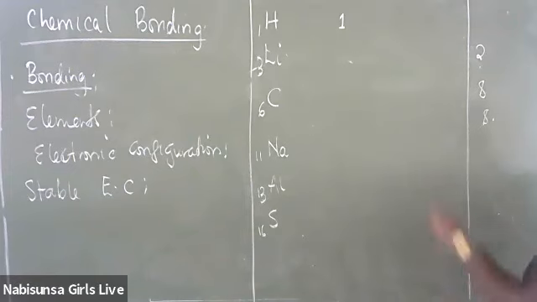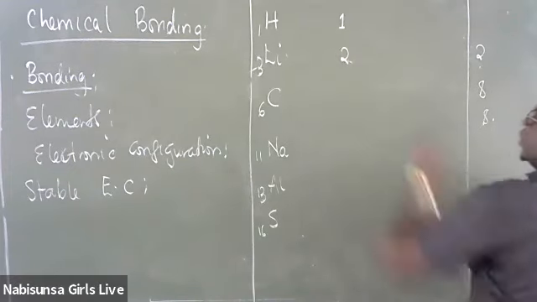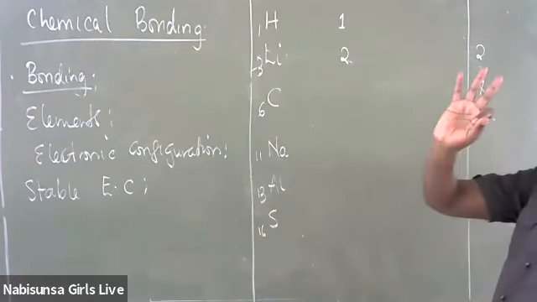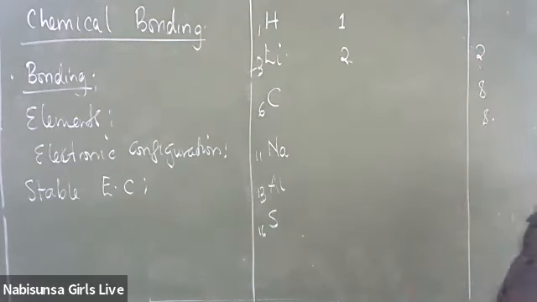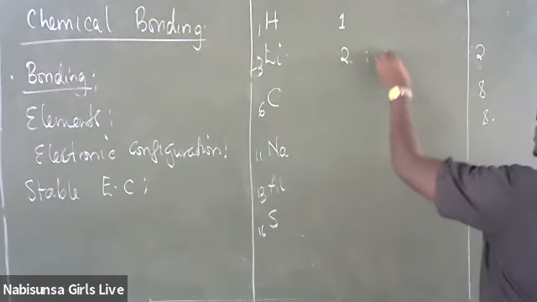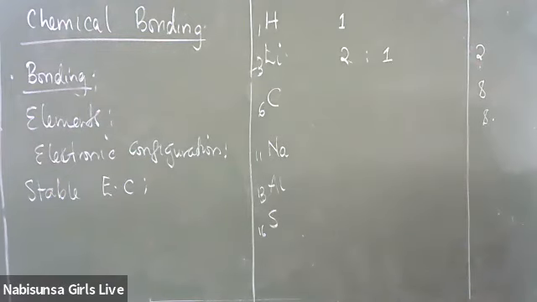The first one takes 2. So if I have 3, I've filled the 2 in the first one, and I'm left with a balance of 1. So the next one is going to go into the next level. That's how we wrote the electronic configuration. Then we went to something else here.